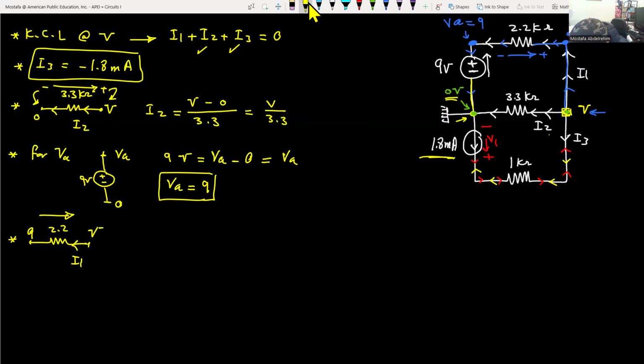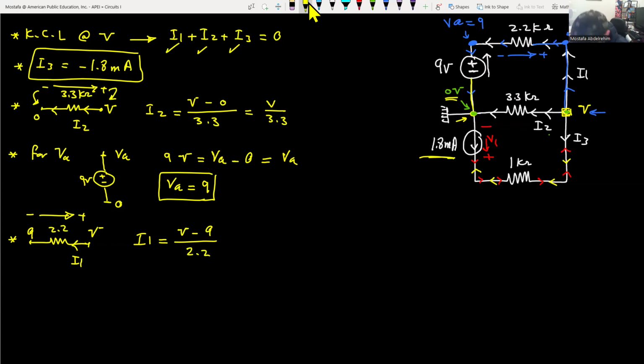Okay? So I1 equals the voltage difference across the resistance, which is equal to the positive voltage, which is V, minus the voltage of the negative terminal, let's call it so. Negative voltage doesn't mean the voltage is negative. So minus 9, divided by 2.2.